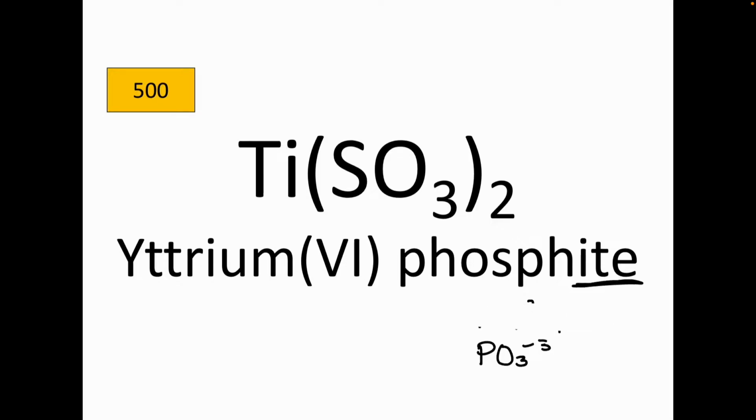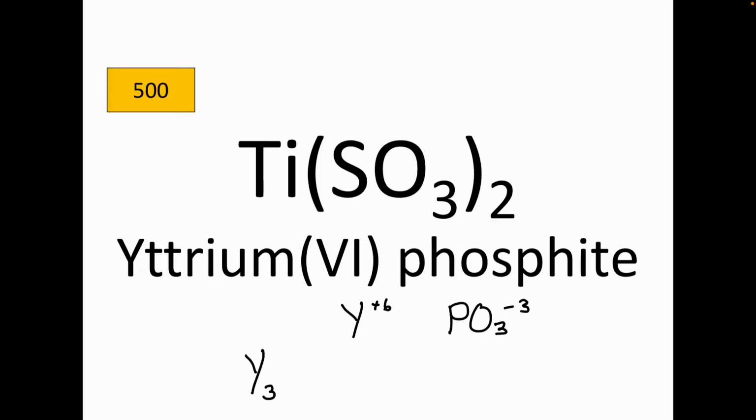So when I'm doing my formulas, remember you're going to start with the ions, each ion and their charges. Yttrium 6 means that there's a +6 charge. And then what I'm going to do with these charges? Cross, right? So this becomes Y3. And how do I indicate that I have more than one polyatomic ion? Parentheses.